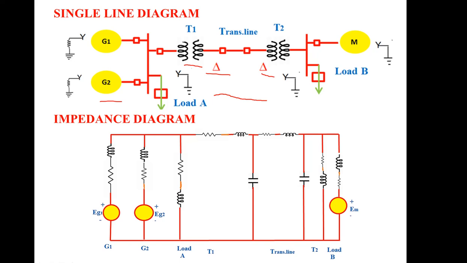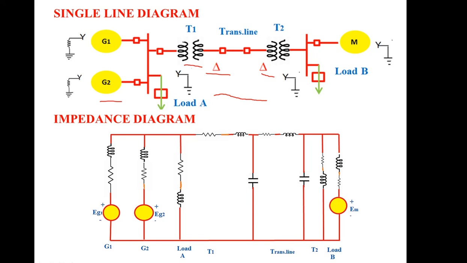So a single line diagram is a diagrammatic representation of a power system in which components are represented by symbols and the interconnections between them. The main purpose is to give the significant information about the system. So this is the single line diagram.